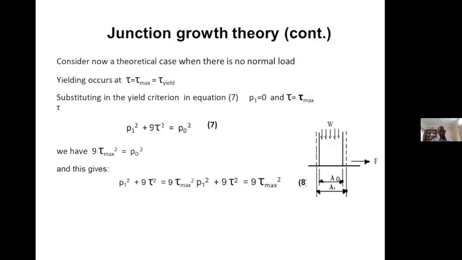But taking a boundary condition that if W is 0, we can show that P0 square is equal to 9 tau max square. So we can reduce this equation to P1 square plus 9 tau square is equal to 9 tau max square. Okay, so let's go ahead to the next slide.